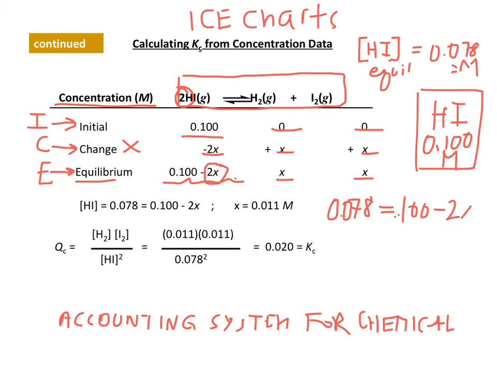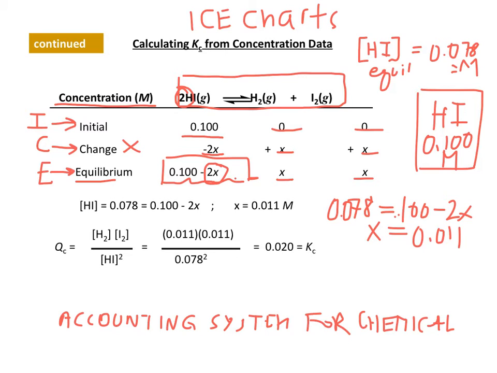So this expression is going to be equal to 0.078, which was the final equilibrium concentration for HI. Now I just have to solve for X. X comes out to be 0.011.